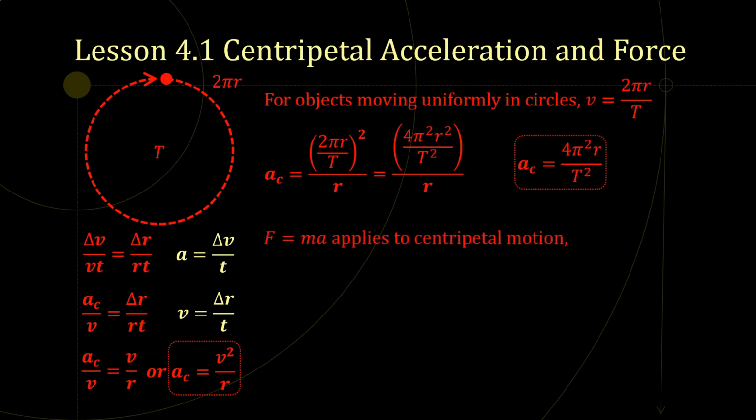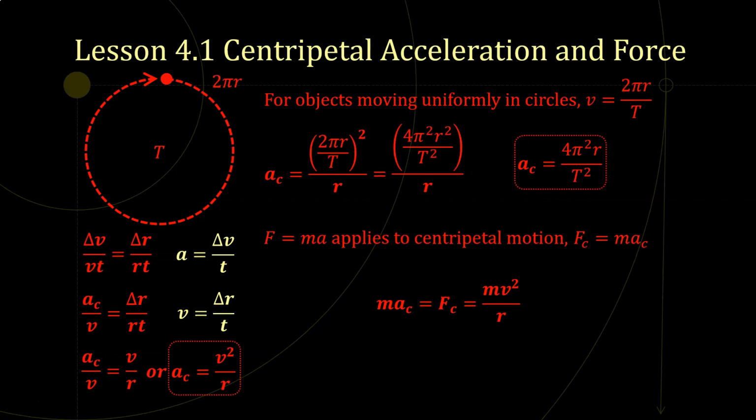All right, then one final observation. Force is mass times acceleration, and it applies to centripetal motion too. I can identify something called a centripetal force if I take my centripetal accelerations and multiply them by mass. So to find the centripetal force from the velocity around the circle, I just have to multiply both sides of my centripetal acceleration equation by mass, because m times the centripetal acceleration is the centripetal force.